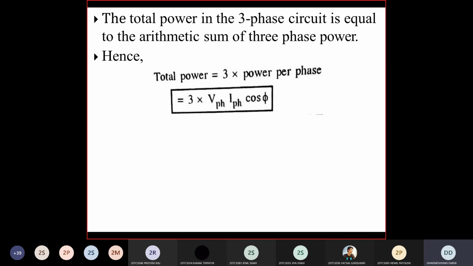No, sir. Okay, so let's move to the example so you can clearly understand. Write down the first example of a star connected system. Voltage applied to a balanced star connected three phase load of phase impedance 3 plus j4 ohm each.